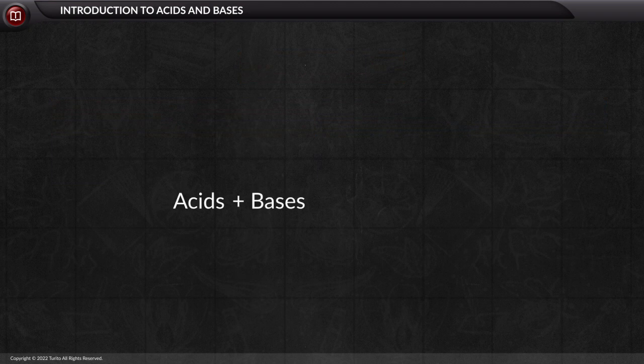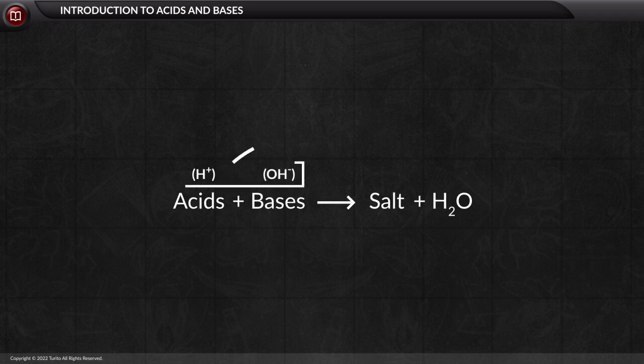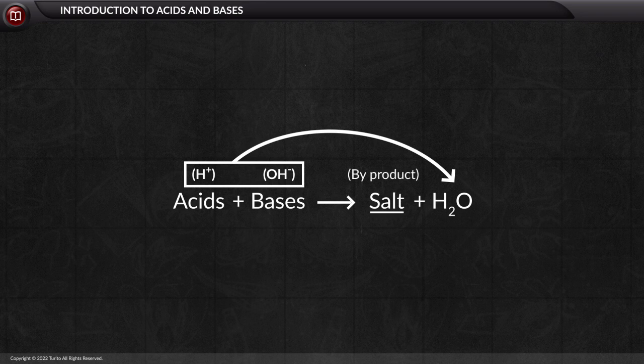Acids and bases can also react with each other, forming salt and water. It is a type of double displacement reaction in which H+ from acid and OH- from the base react with each other to form a water molecule, and salt is obtained as the byproduct.